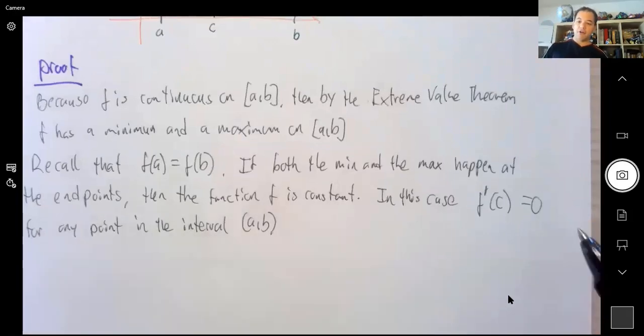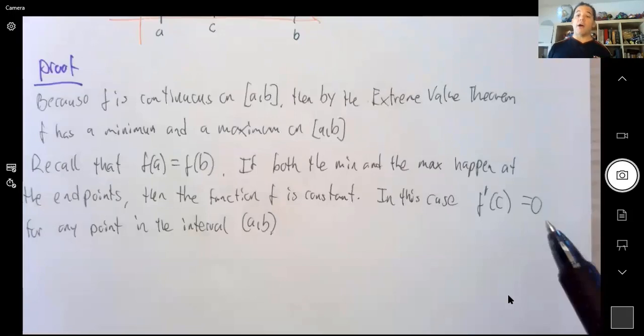So then what's the other case? The other case is that one of the extremum values, either the minimum or the maximum, does not happen at the endpoints.